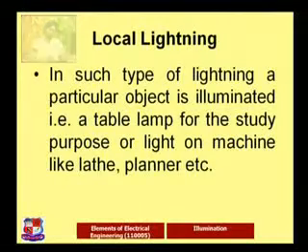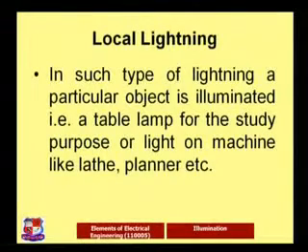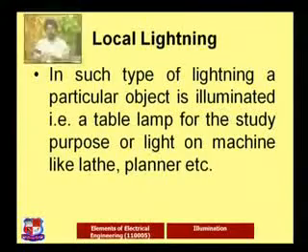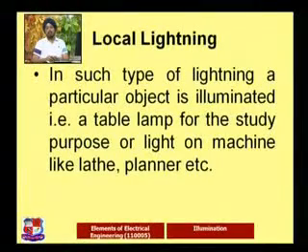Local lighting. By local we mean that the amount of light or illumination falls on a particular object, a small area. In such lighting, a particular object is illuminated. Suppose a table lamp for study purposes, or on the industrial side, a lathe machine or a tool machine where specific lighting is required, a small bulb or the required illumination type can be used and put onto or near that particular object.